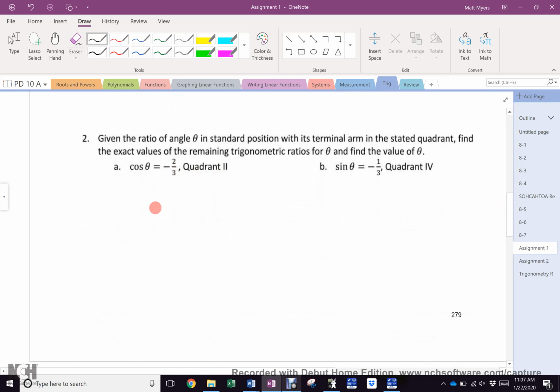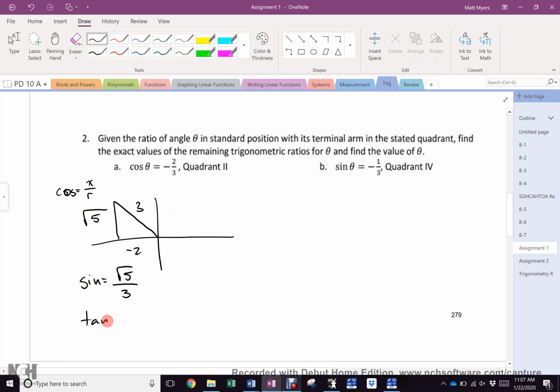Alright, so in quadrant 2, cos equals x over r. So that is negative 2, that is 3. So this is the square root of 5. So sine equals root 5 over 3, and tan equals root 5 over negative 2.